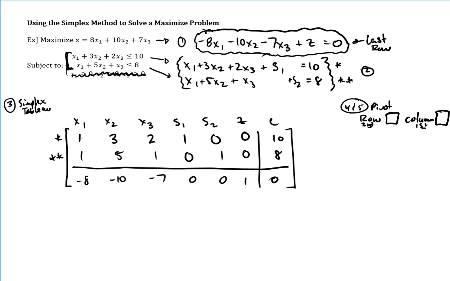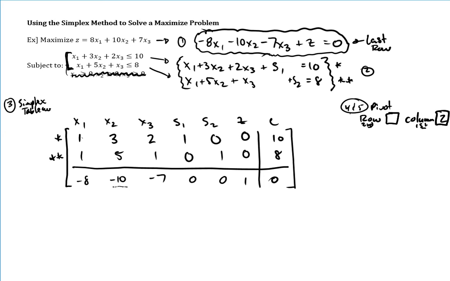Okay, so the column is determined by the most negative in the bottom row. So the most negative is this negative 10. I'm just going to dot it, negative 10. So that means we are going to pivot column 2. So there's the answer. I didn't want to make it too distracting because I don't want to rewrite this. I want to use this to help me get to the next step.